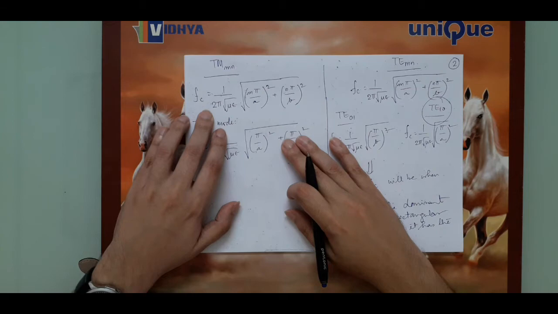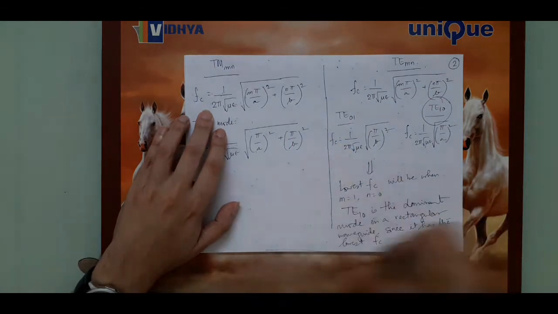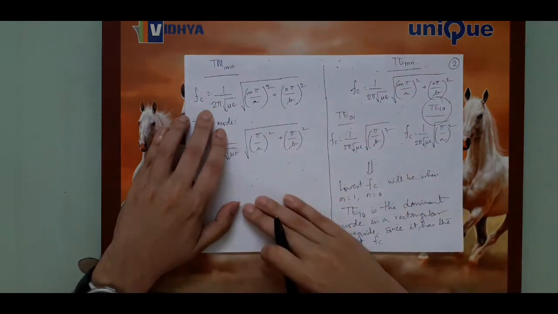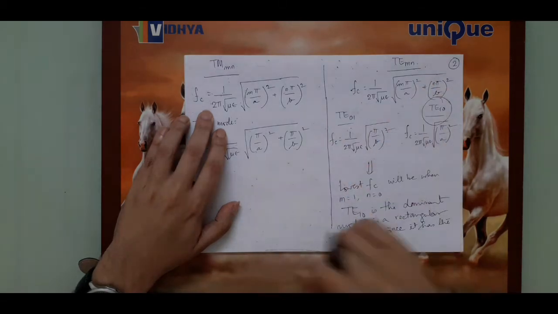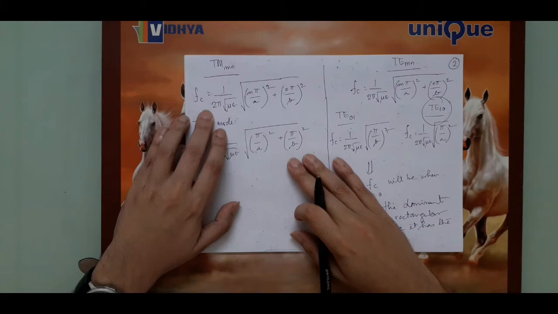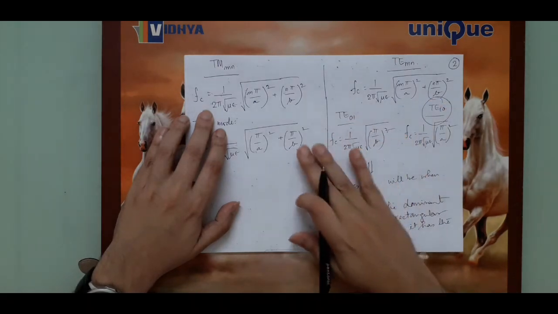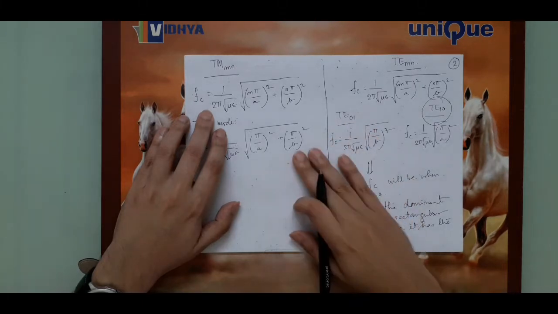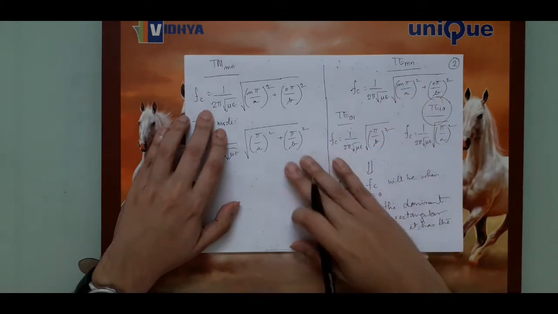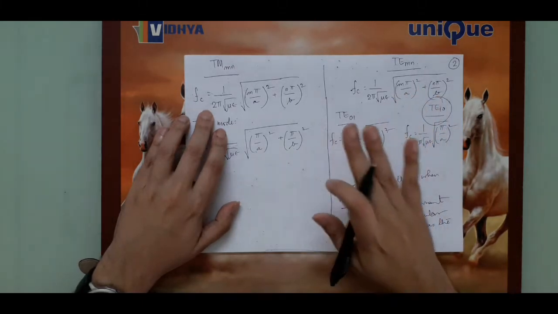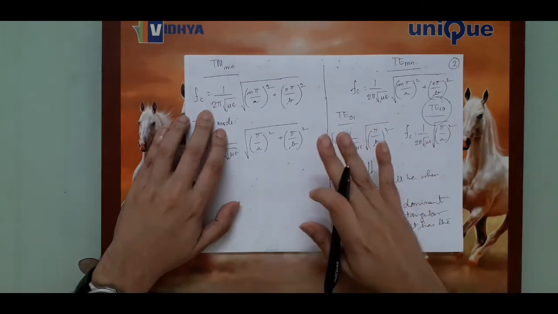So the moment we talk of modes which are non-zero and the concept of cutoff frequencies, the medium essentially becomes dispersive. Why? Because different modes will travel with different velocities. We are just going to come back to this in a short time, but that is what it is.